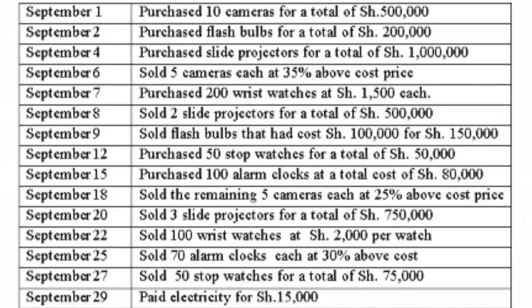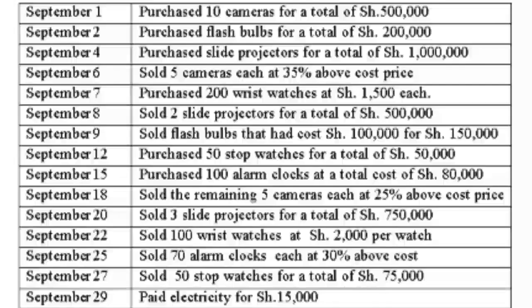One is 800. So the alarm clock cost is 800 per unit. We are having the unit cost because we will later sell. Then that takes us to, so we are purchasing, that is input VAT.